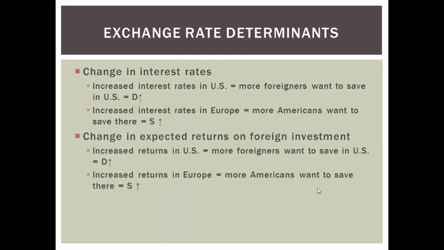Two other things that will affect the financial markets: changes in interest rates and expected returns. If we increase interest rates in the United States, meaning that we pay more for a loan, more foreigners would want to save in the United States. They would like to keep their money in United States banks. Well, they have to exchange euros for dollars.